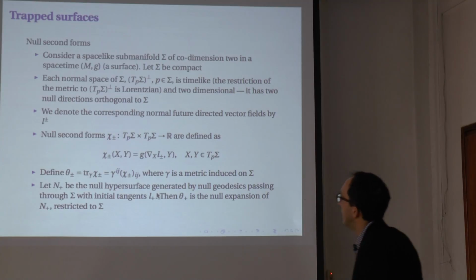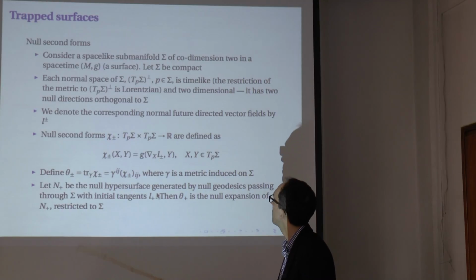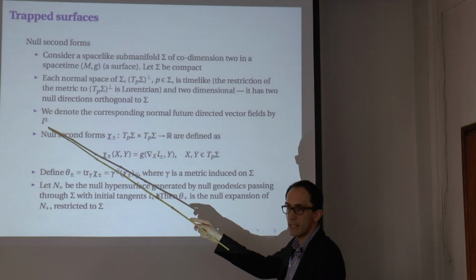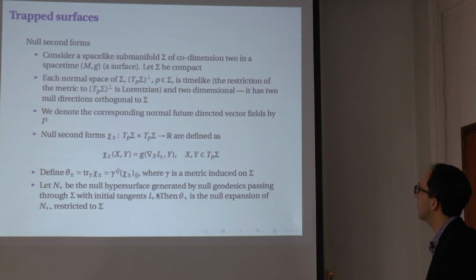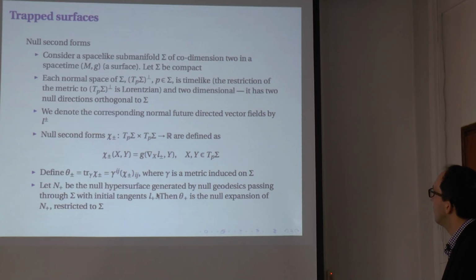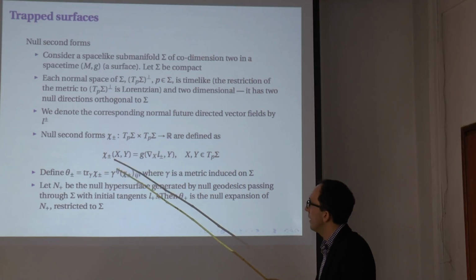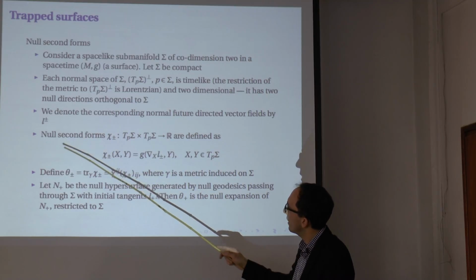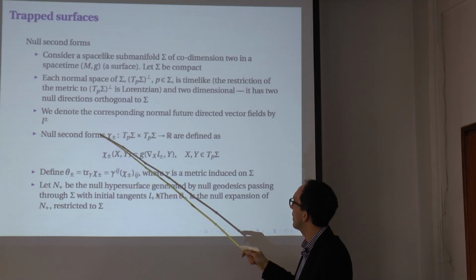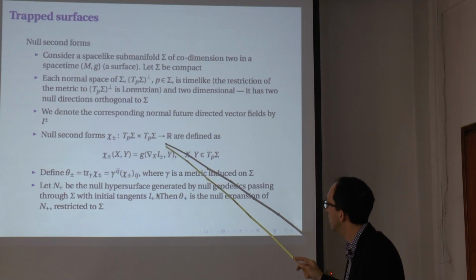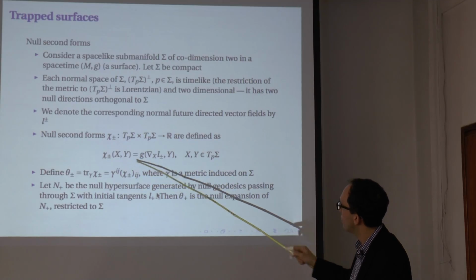Let's denote them as L plus and minus. This is probably right now a standard notation for those directions. Now, if you have this, you can construct the so-called null second forms, that are just tensors defined by this formula.